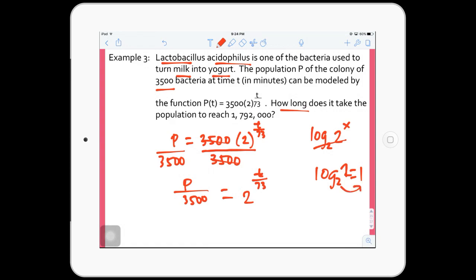So anything that has a base, whatever that number is, let's say this is 5, then log base 5 of 5 is also going to be 1. So to get rid of that, we need to apply the inverse.